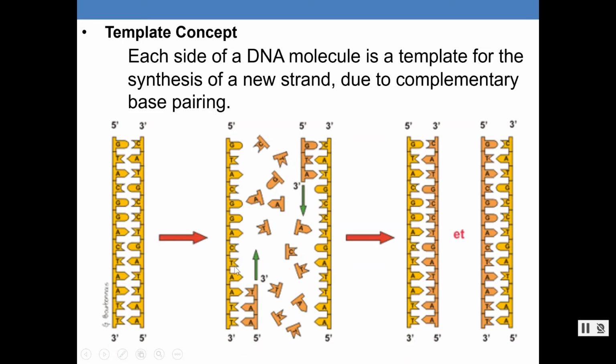If you notice, remember that anti-parallel? Here's my 3' end and my 5' end, right? Anti-parallel. There's my 3' end and my 5' end. So my complementary strand that's forming, where's my 3' hydroxyl? Right here. So that enzyme is going to add in this direction. So you notice replication is happening on both sides, but it's happening in a different direction.